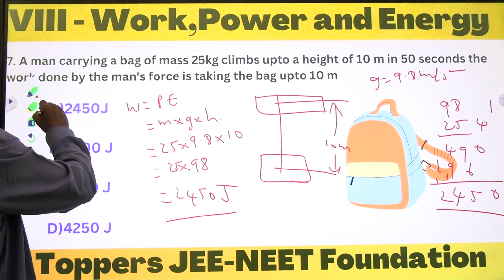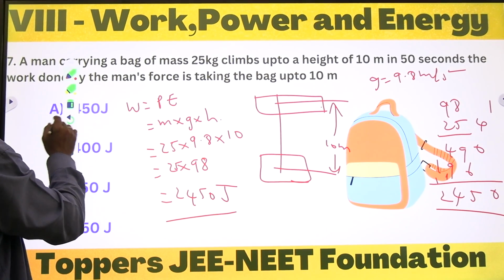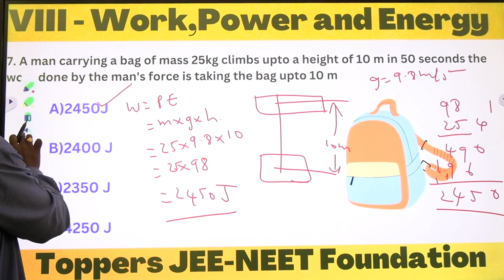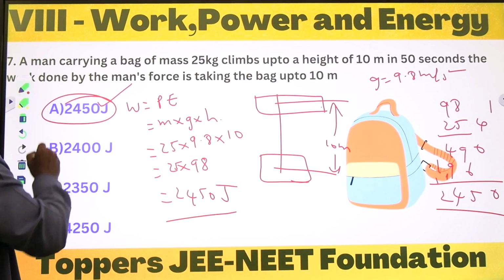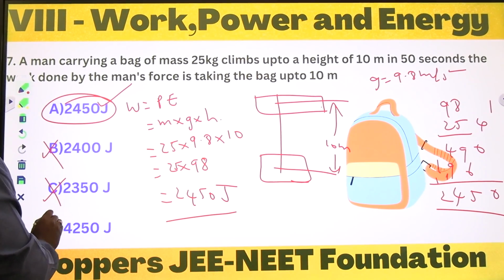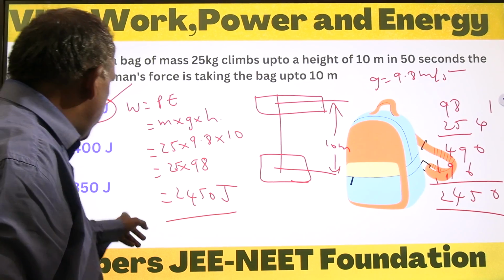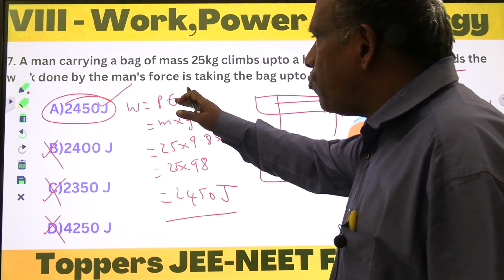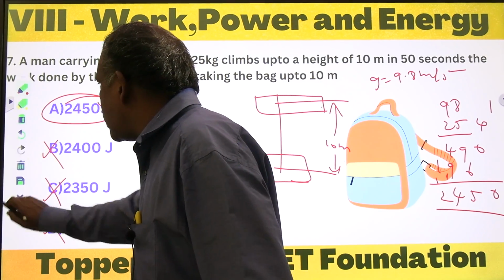The correct option is A. The remaining options, 2400, 2350, 4250, are wrong options. So 2450 is the correct answer.